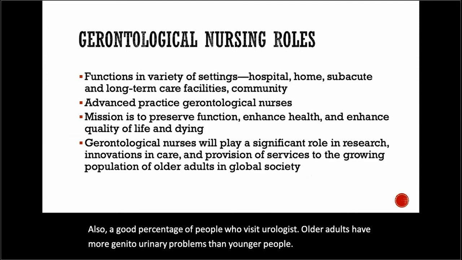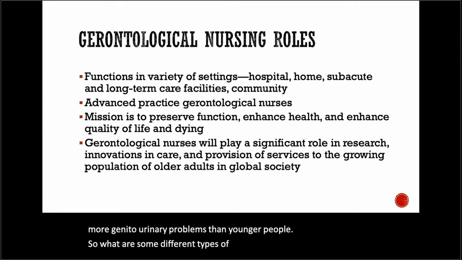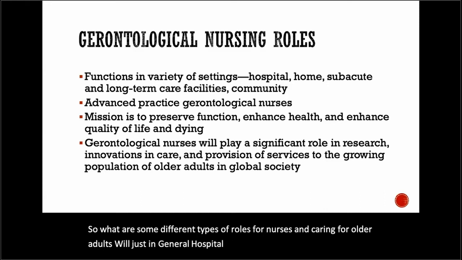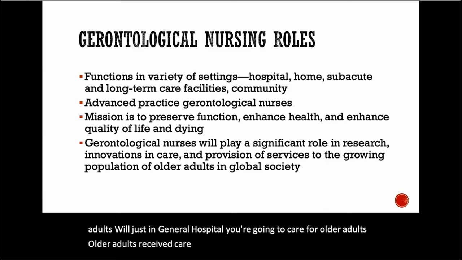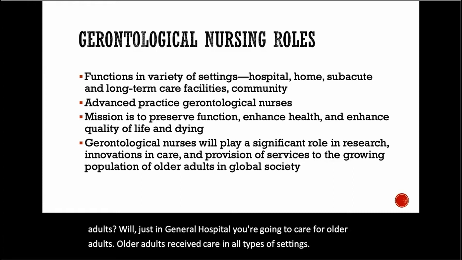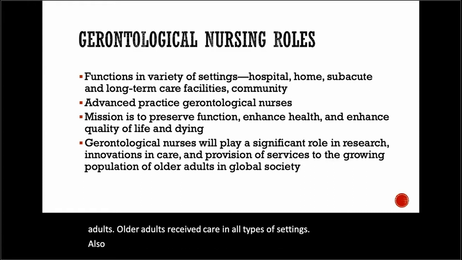So what are some different types of roles for nurses in caring for older adults? Well, in general, in the hospital, you're going to care for older adults. Older adults receive care in all types of settings. Also, we have advanced practice nurses, like nurse practitioners and CRNAs, who care for older adults in big numbers as well.